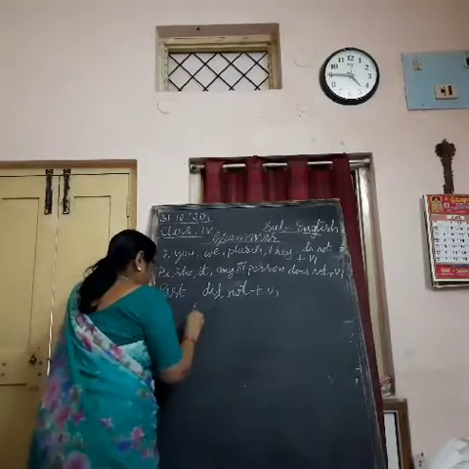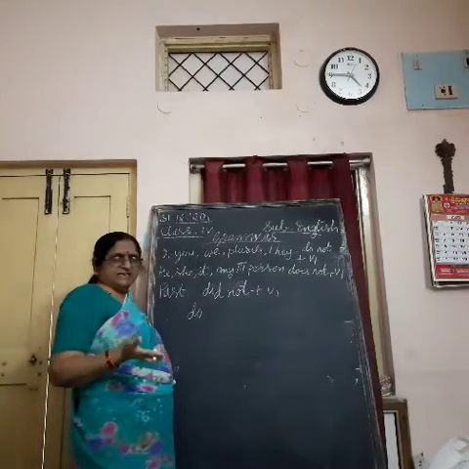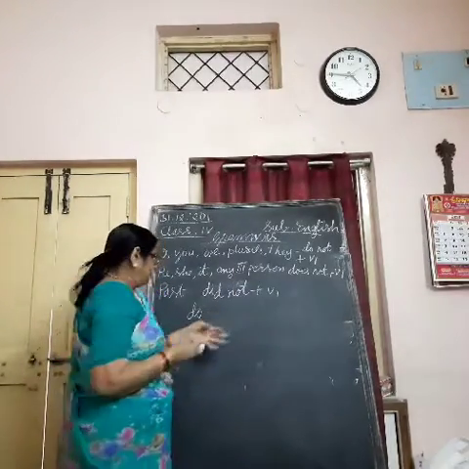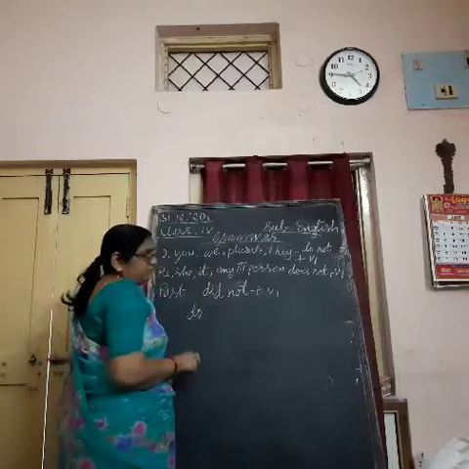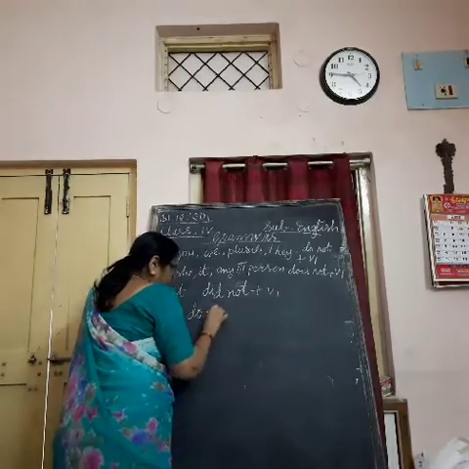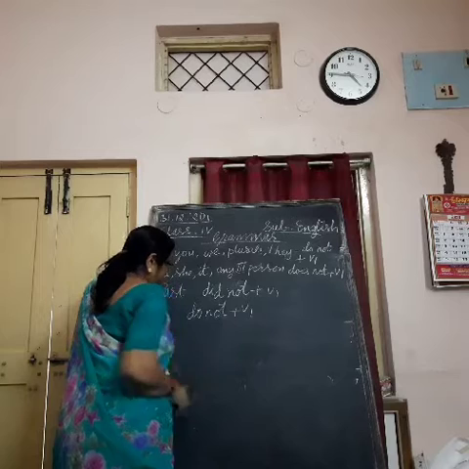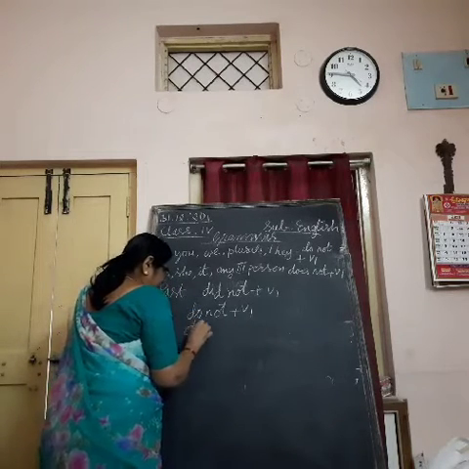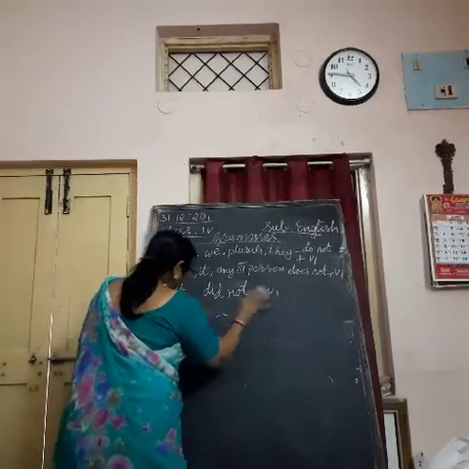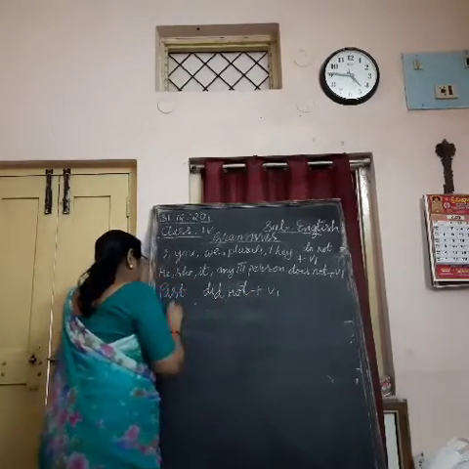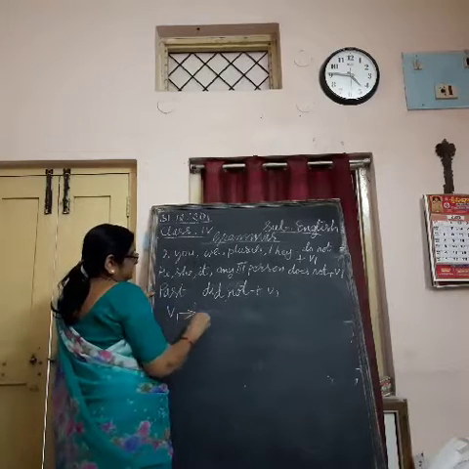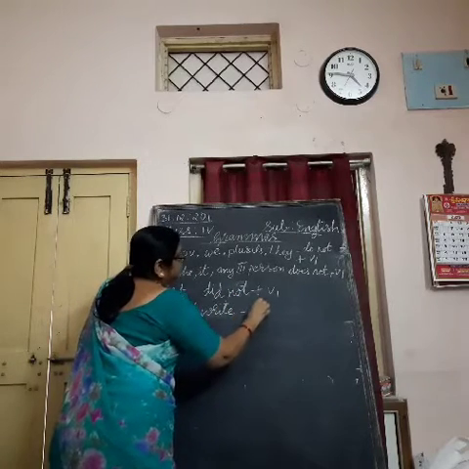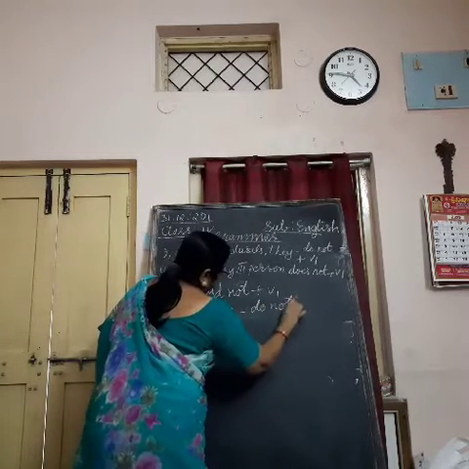So, in forming negative sentences out of simple present tense and simple past tense, when there is no S with the verb, you use do not plus V1. When there is S with the verb, let me show. If only V1 is there, like write, you can use do not plus V1.